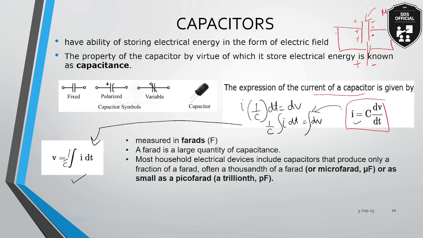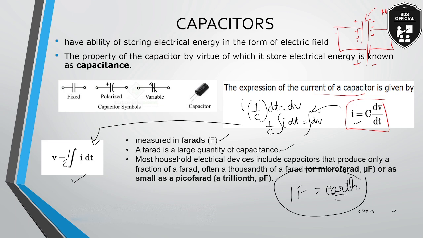Okay, so the unit of capacitance is farad. It is always measured in farad. But farad is a very large unit. If we want to make a capacitor having a strength of 1 farad, its size would be comparable to that of the earth.